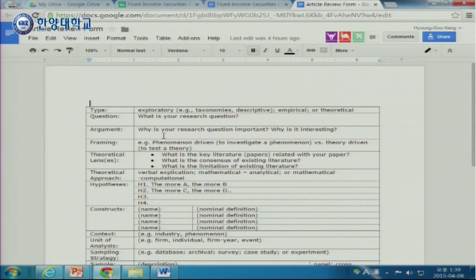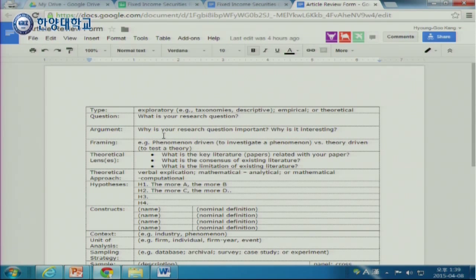Now you have to set your strategy for your research. Your research is either deductive or inductive, right? Deduction starts from a premise. Induction starts from the data, right? So you have to frame your approach. You have to determine the framing of your research.